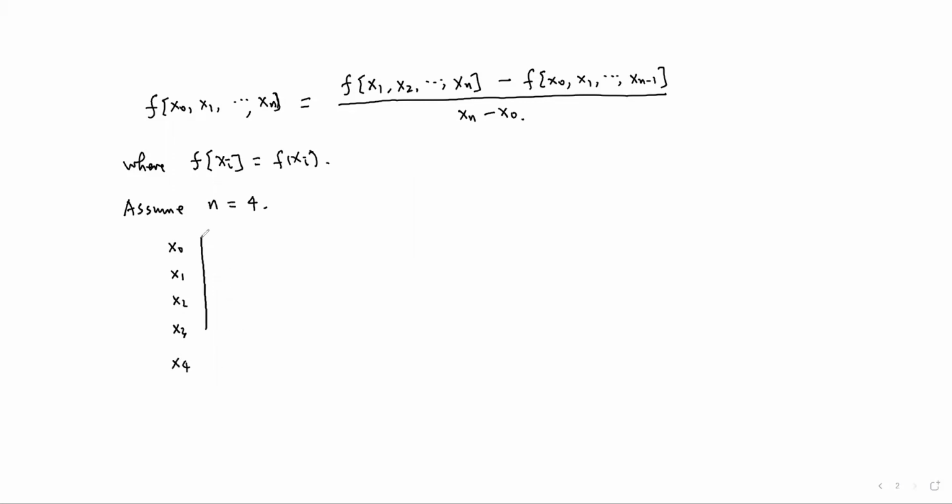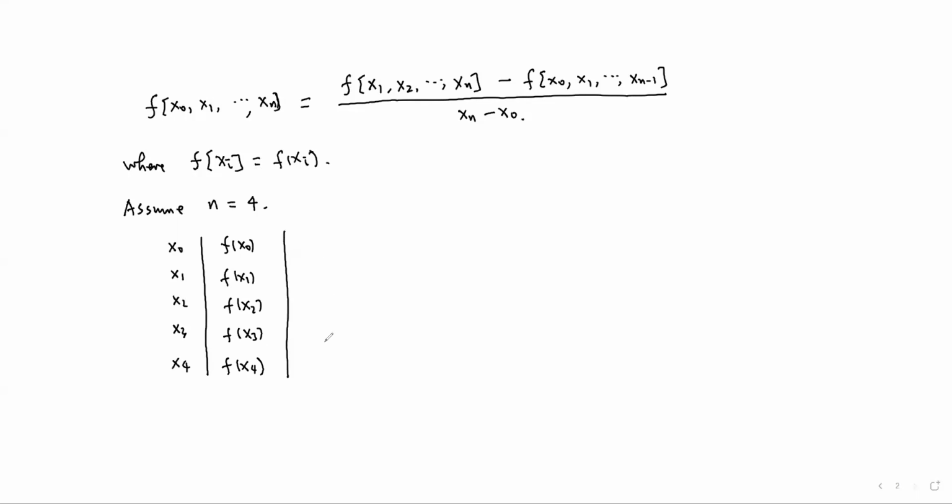Now, second column, divided differences of order 0. Order 0 means function value. Function value at x0, function value at x1, at x2, at x3, at x4.